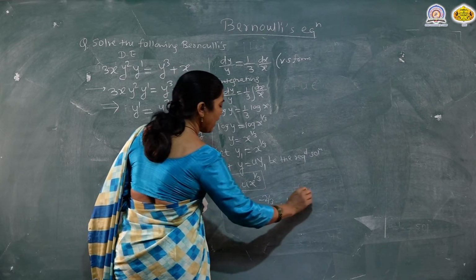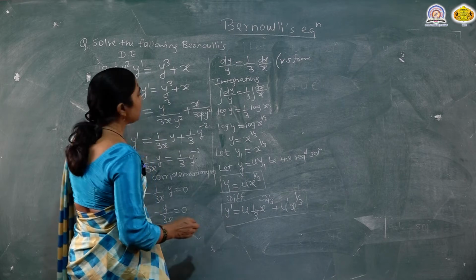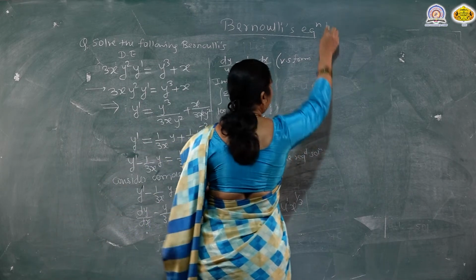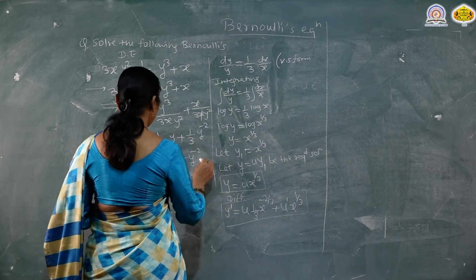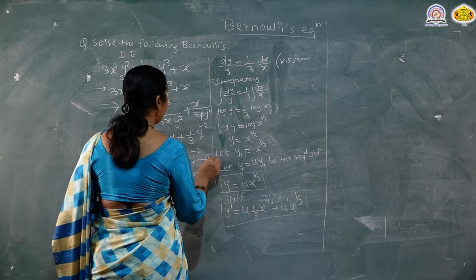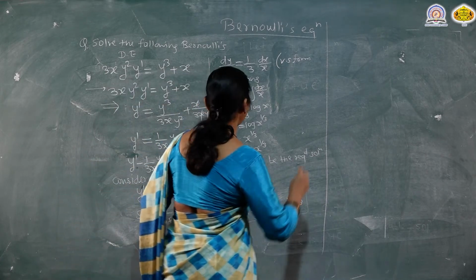Once we get y dash and y, we substitute this in the given equation, or therefore I will consider the simplified equation, that is we have rewritten this y dash minus 1 upon 3x y.